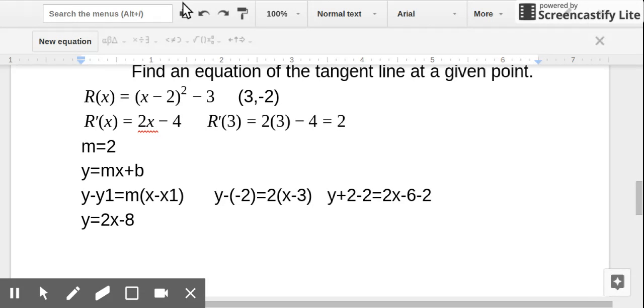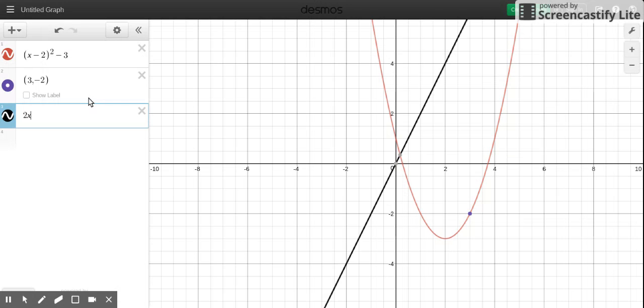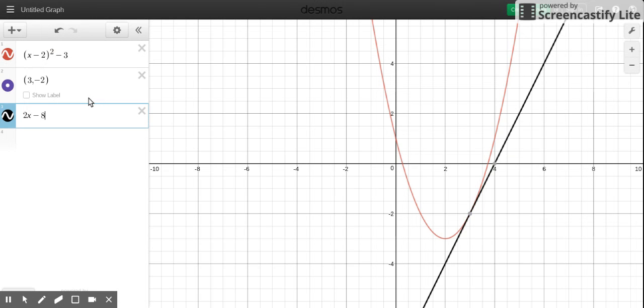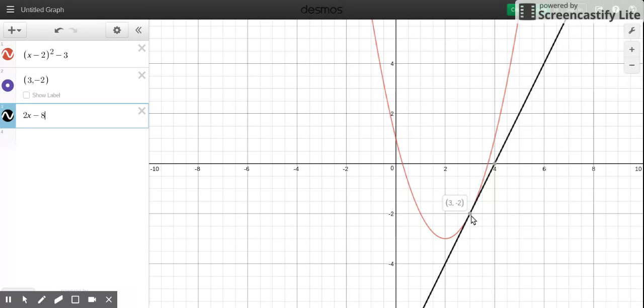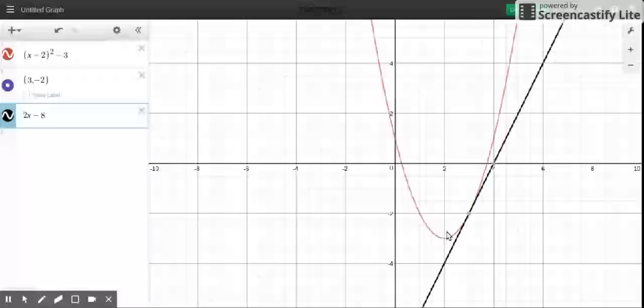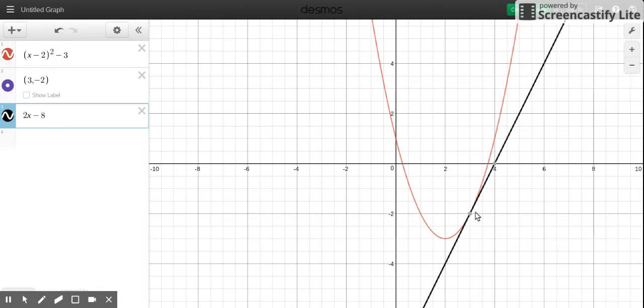All right, let's go back to the graph: 2x minus 9. Look at that, there it is. It's the line that's tangent to the curve, passing through the point 3, negative 3.